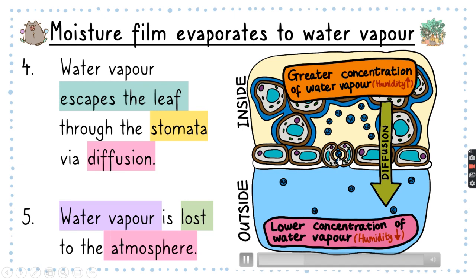So the only way that water vapor from inside here can exit is through the pore that is called the stoma, or stomata for many of these pores that are made by the guard cells. So in the end, once water vapor escapes through the stomata, it is lost into the atmosphere. That means that the leaf has now lost water. And when they lose water, they also need to replace it. That is where we get that transpiration pull.